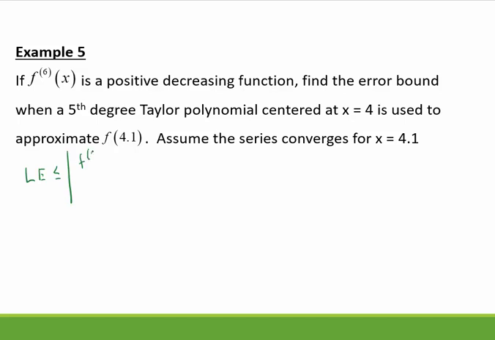The value of the sixth derivative and then the x value you have minus your center. Since I'm using the 5th degree, I'm going to the 6th power all over 6 factorial.